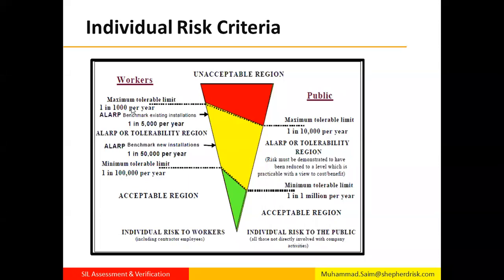And this tolerable limit is adopted by most companies around the world, but in the Netherlands, it is most stringent. In Singapore, Malaysia, Hong Kong, it's different. So it's on a company to company basis which risk criteria they adopt. And this is just one example, which is from the UK HSC, that I showed you.